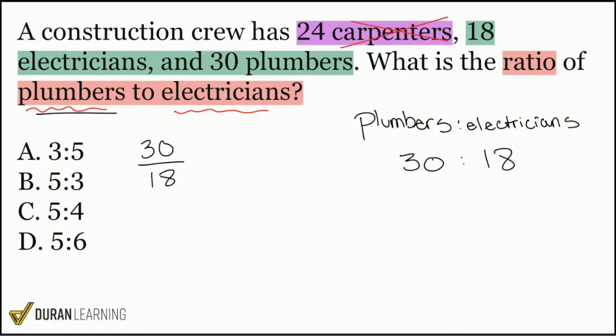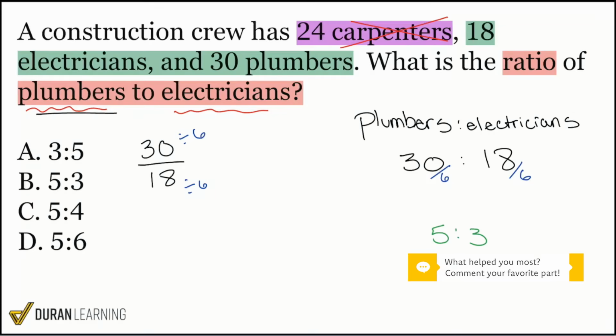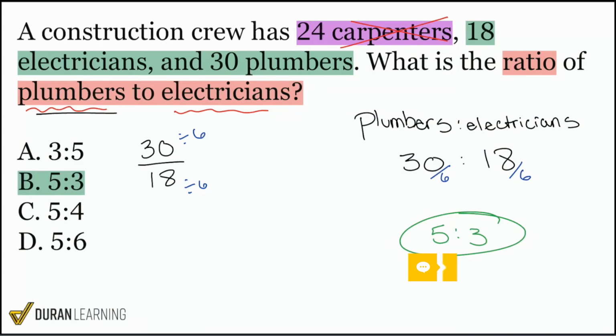Absolutely. 3 is one of the divisors, but 6 is the greatest common divisor. And so because of that, we'll go ahead and divide by 6 on both like that, or we can just cut 6 out like this. Either way is fine. And we end up getting a final answer of 5 to 3. Not 3 to 5, 5 to 3. And that's what makes the correct answer. Answer choice B.